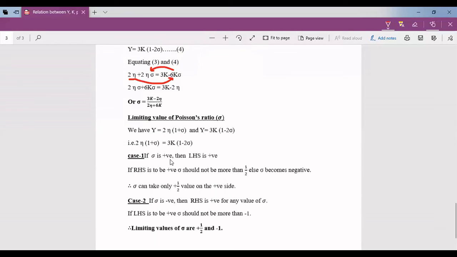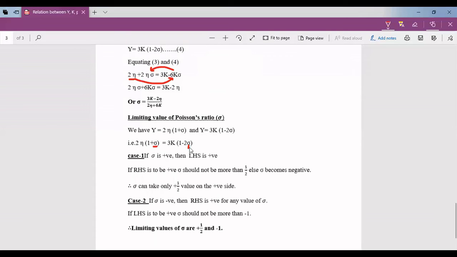As you take sigma as positive, then the LHS will be positive only. What is the RHS? If the RHS is to be positive, sigma should not be more than half, or otherwise the RHS becomes negative. If I substitute any one value here, for example 1, then 2 into 1 is 2, so 1 minus 2 will be minus 1.